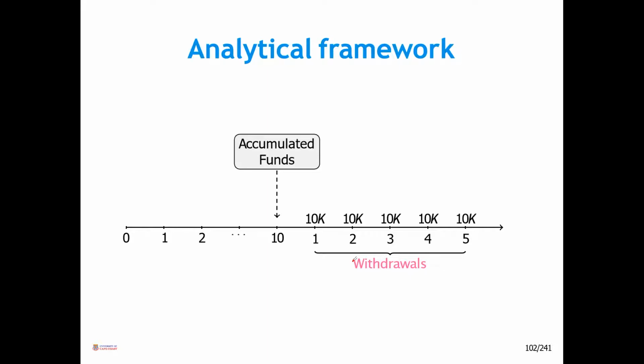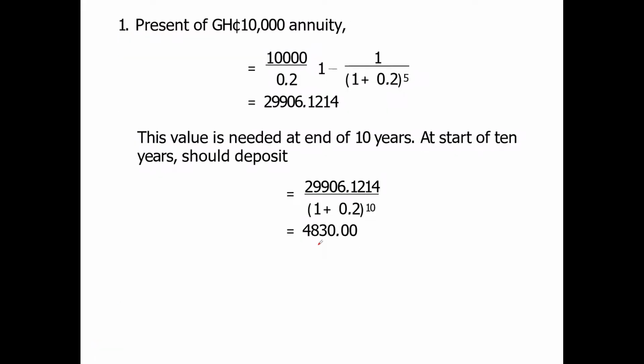So that part is an annuity. So let's discount that part. So we are here, like we are here now.